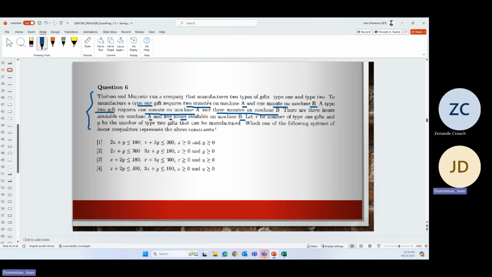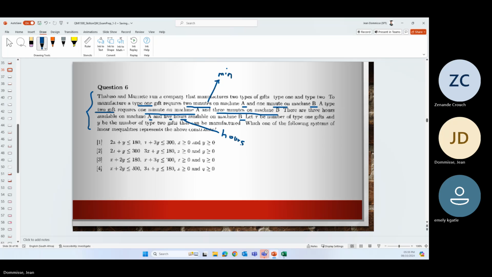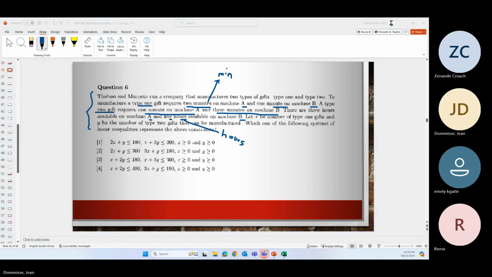Okay, so the first thing to note is that this is minutes, and this is hours. So already there are 2 different measurements in this one, so we must be very careful when we look at the answers. One is in minutes, the other one is in hours.